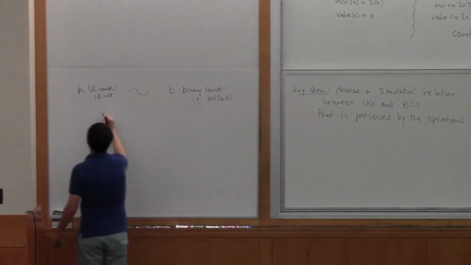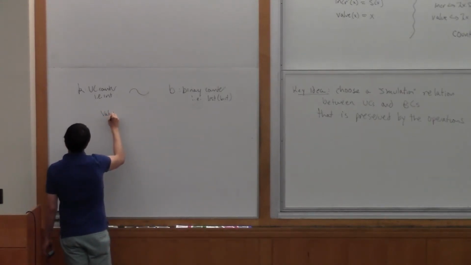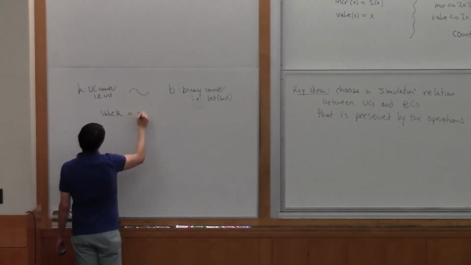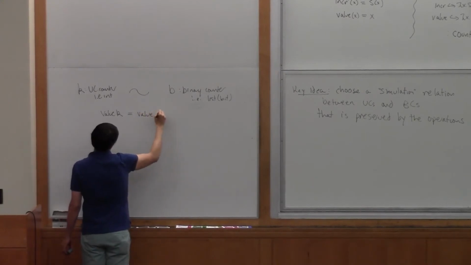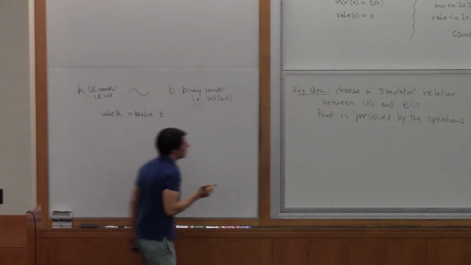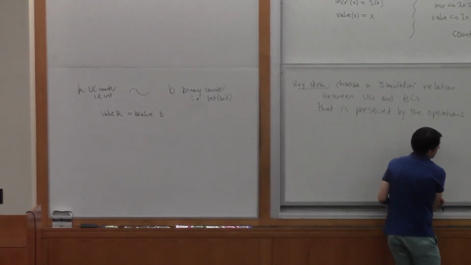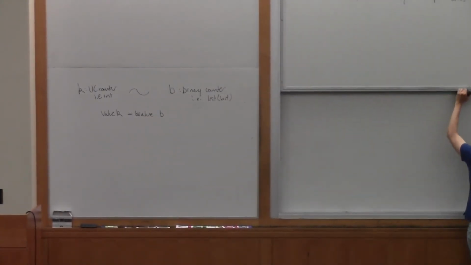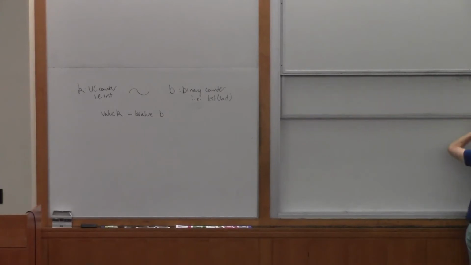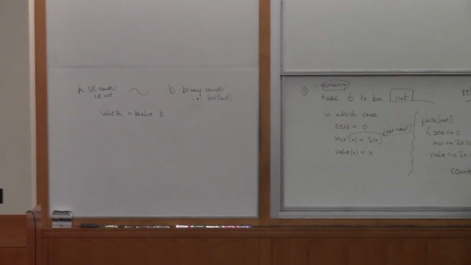Yeah, so we could say that the value of K is equal to the value of B, and I'll write, I guess, B value or something there. Like, let me just call that piece of code the binary value.